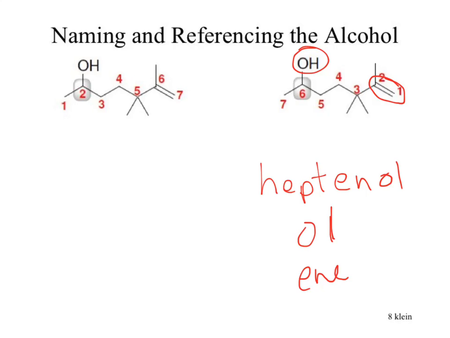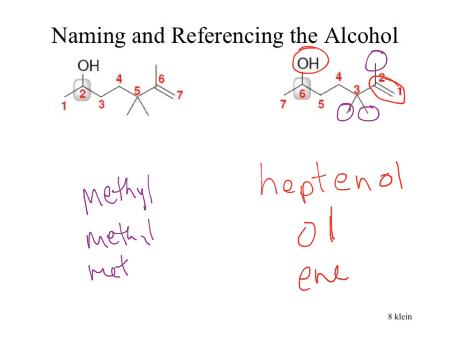We've got one here, here, and here. What are those substituents? Methyls. So we could put in methyl for this. There's 3 of them, so we could list each of those functional groups, or each of those substituents.